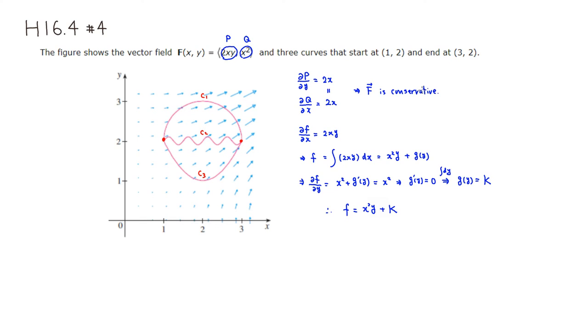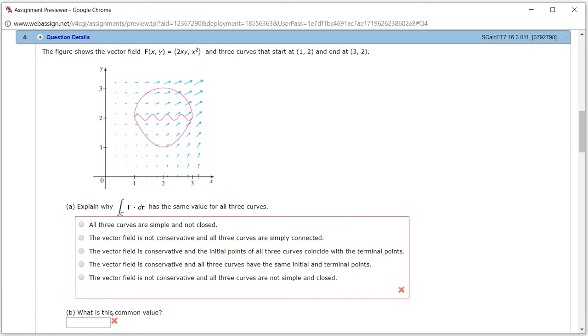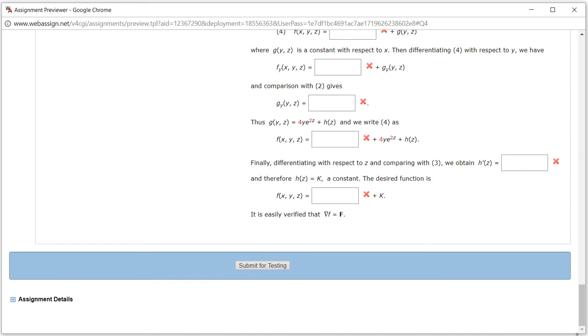No matter what path it takes, it has the same value as long as the starting point and the ending point are the same. So the answer is that the vector field is conservative and all three curves have the same initial and terminal points.